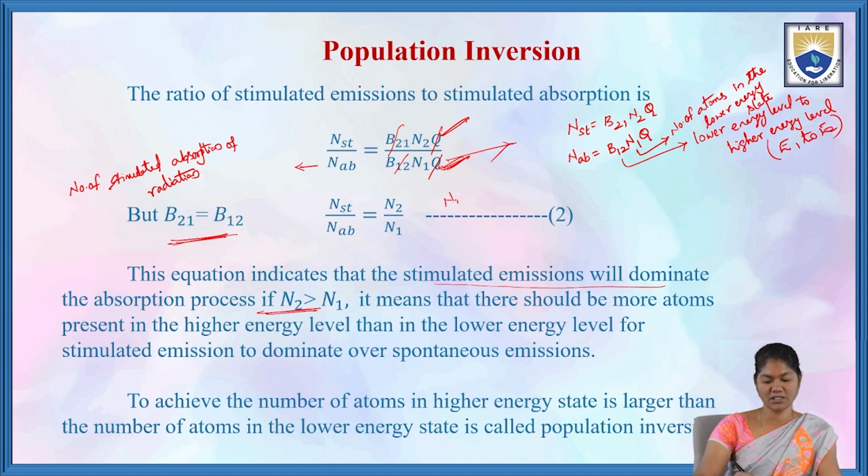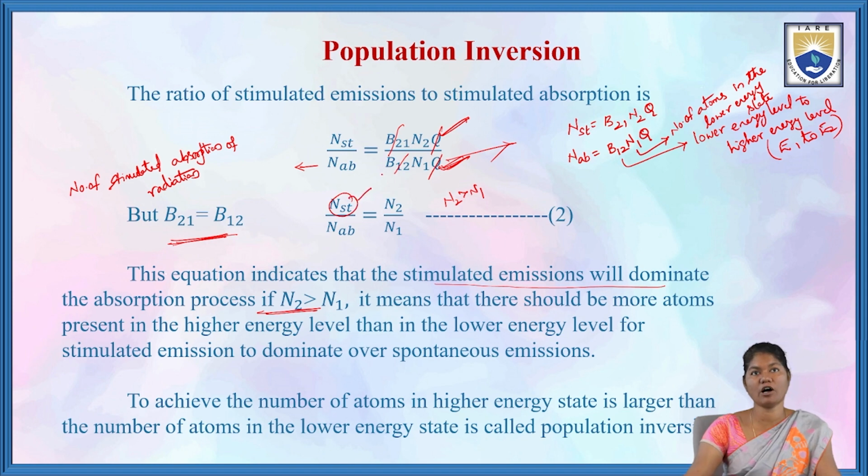If N2 is greater than N1, then stimulated emission will dominate over the absorption process.